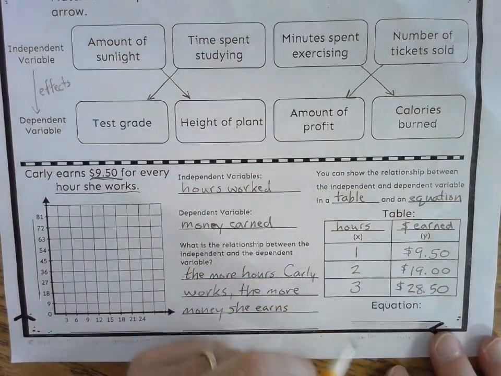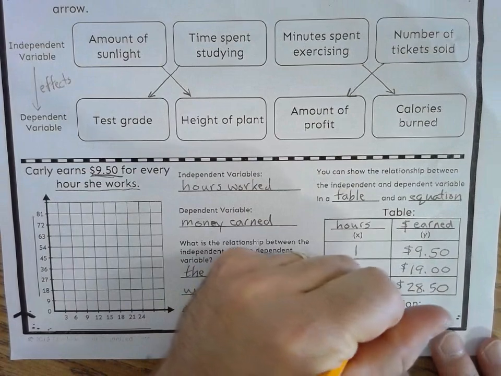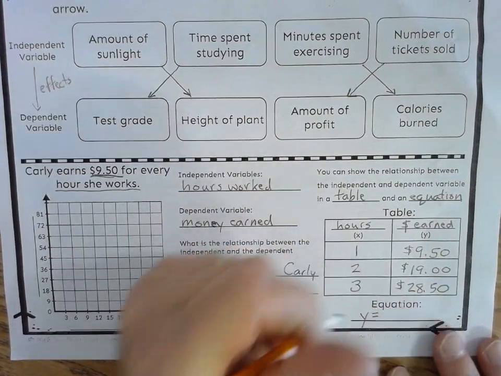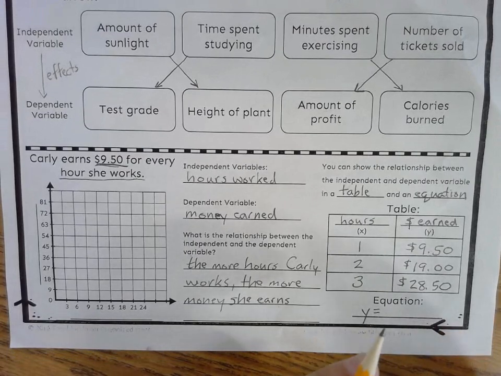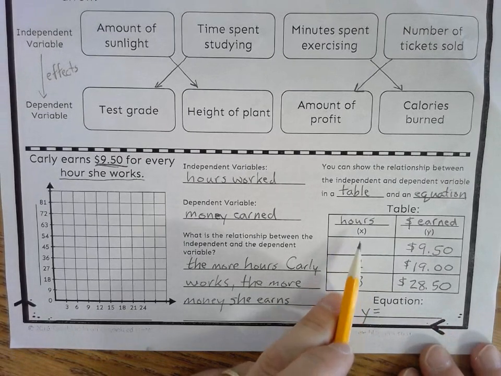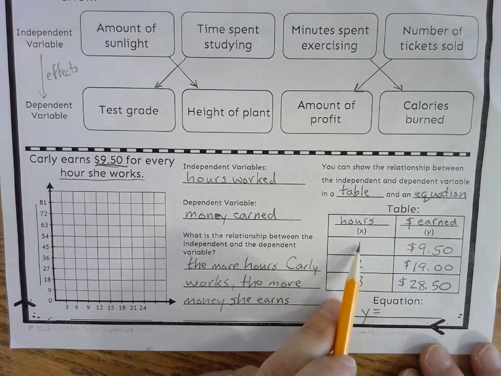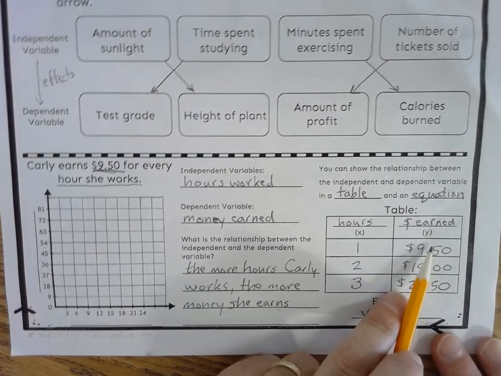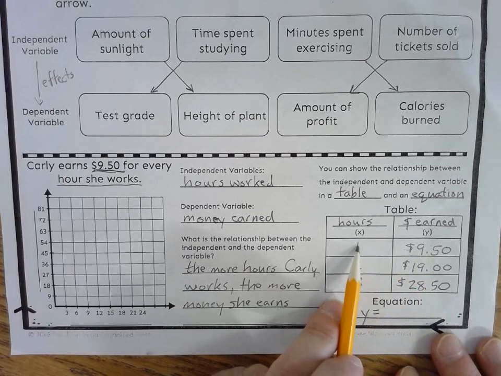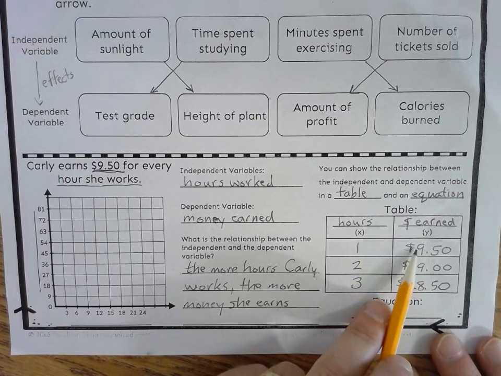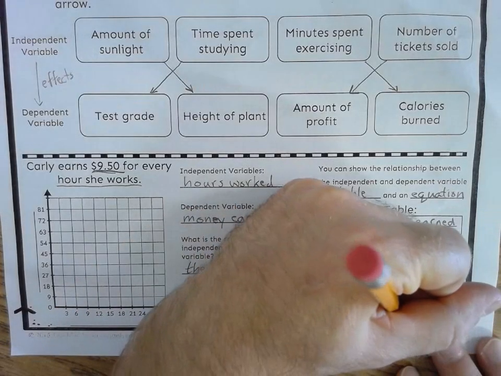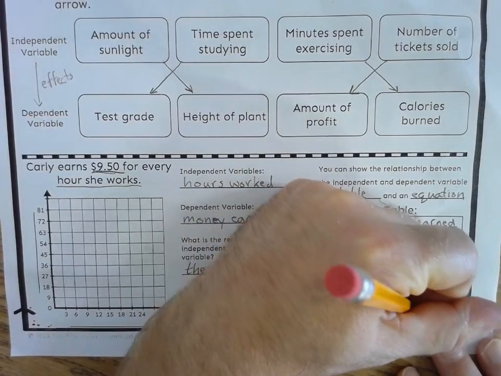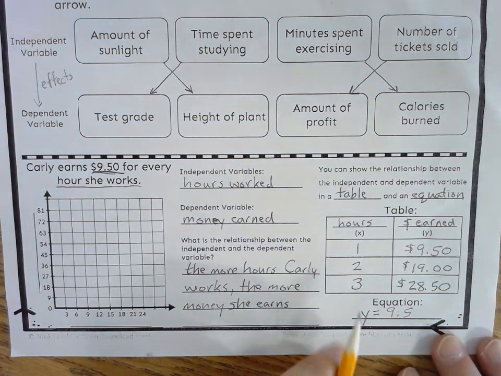So when they're talking about an equation, you're going to start out with y is equal to, and basically you need to come up with what did we do to the x value to get to the y. So as you can see here, what am I doing with my x value to get over to the y value here? I multiply 1 by what? 9.50, right? So I'm multiplying 9.5 times what?